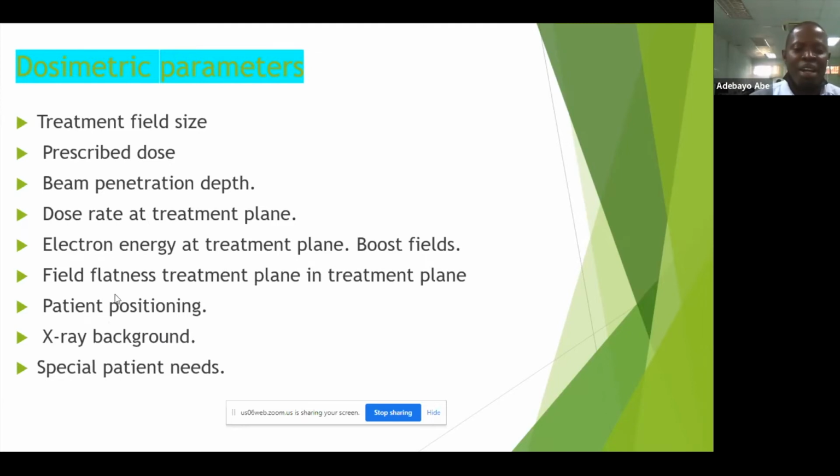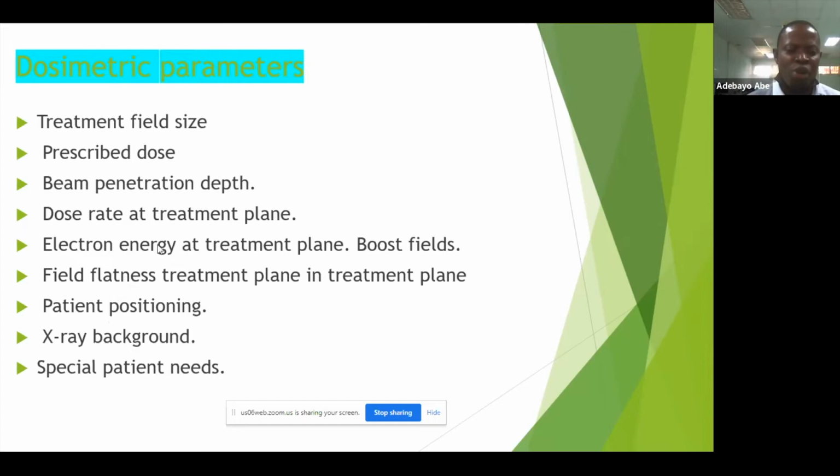Then there are some areas that you need to boost. If in the course of the treatment you observe that it is underdose, then you should check your field flatness at the treatment plane.